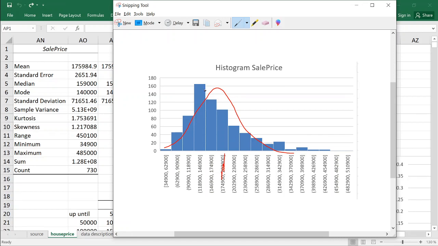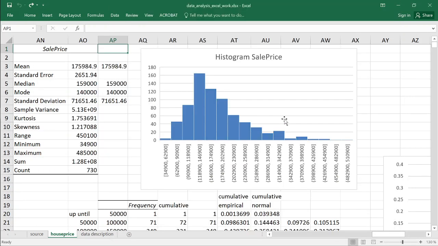First, the empirical distribution is skewed, and second, it is in a way more peaked than the bell shape of a normal distribution. Now, this is visual judgment.